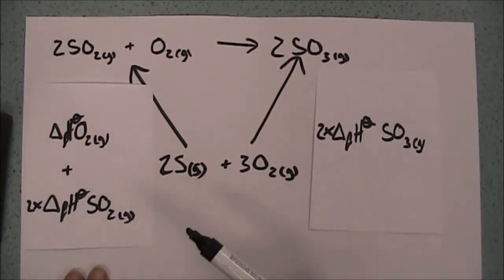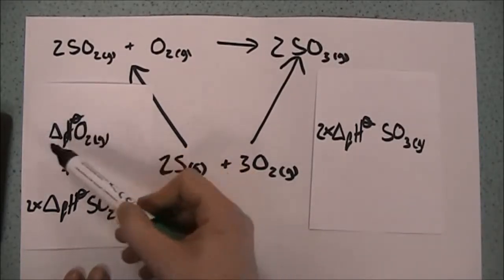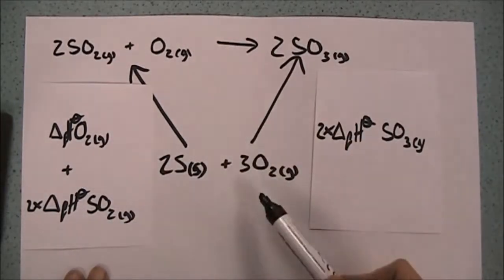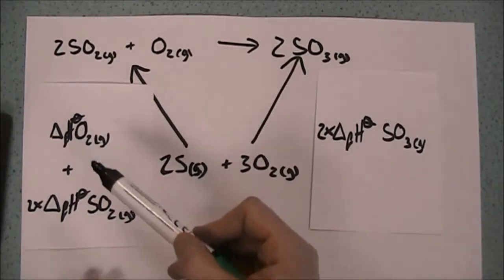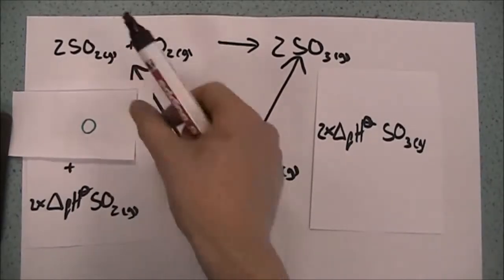If you remember your definitions, then the enthalpy change of formation of an element is actually 0. So I've put the term in here just for completion, but when we calculate that, it's 0.